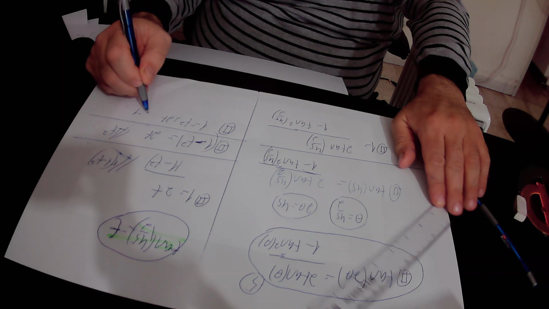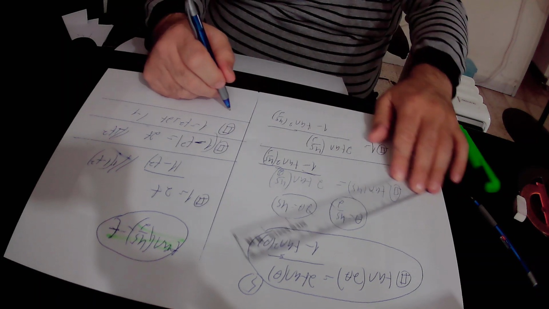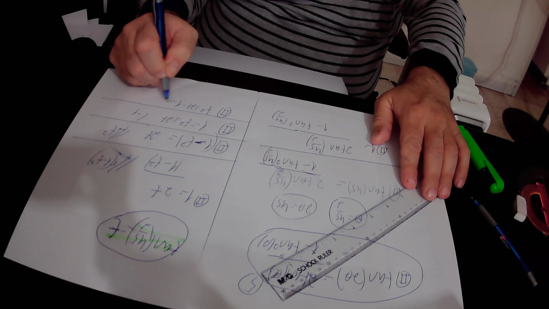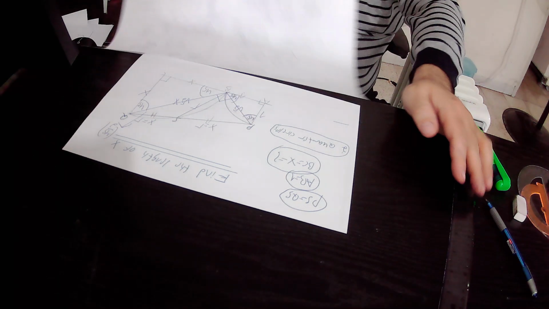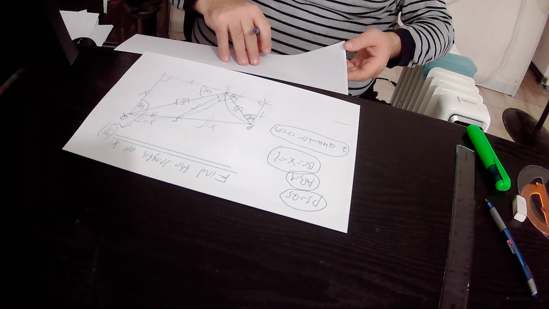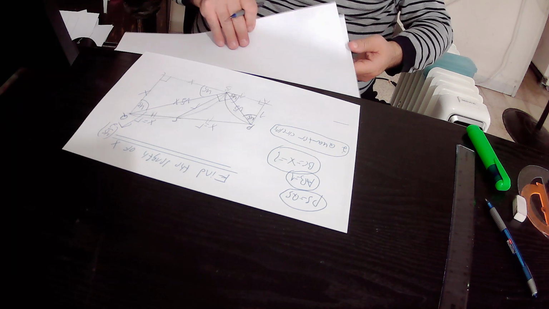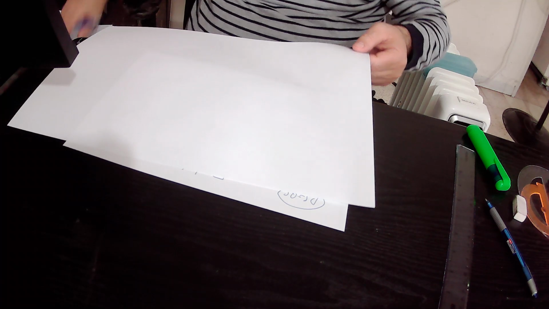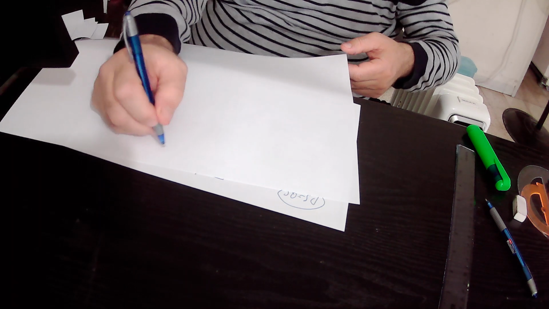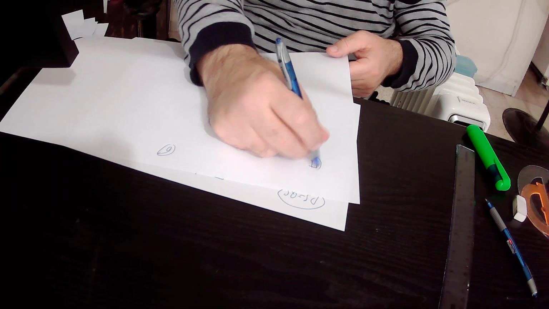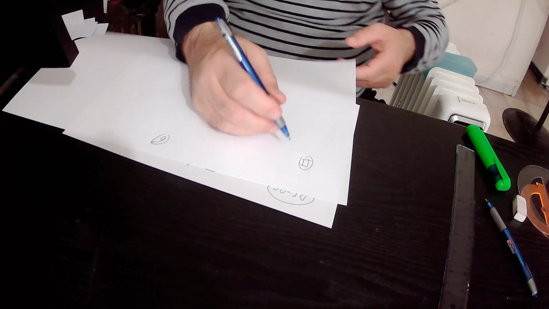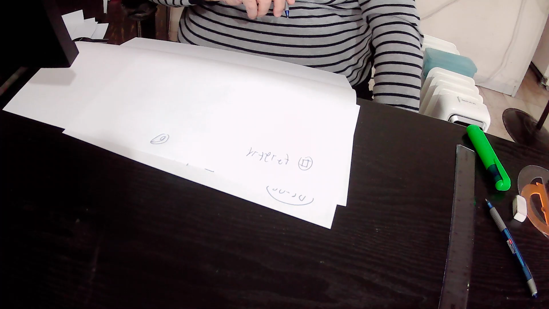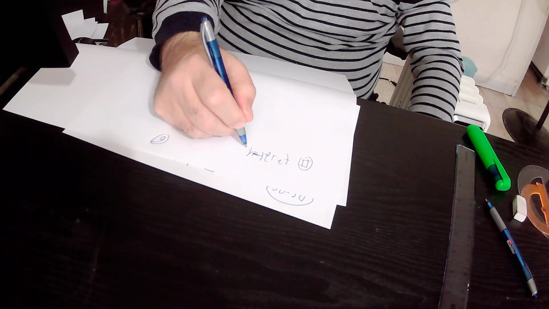Here we'll subtract 1 from this equation, and finally we get that according to equation number 2, t squared plus 2t minus 1 equals 0.